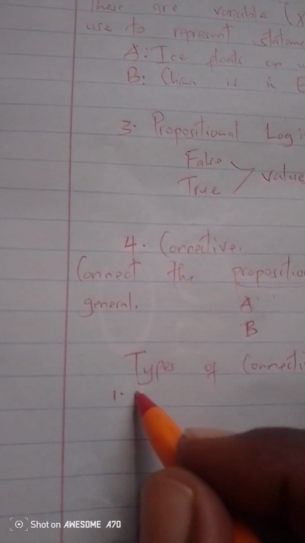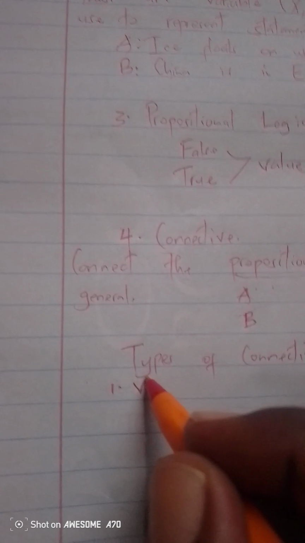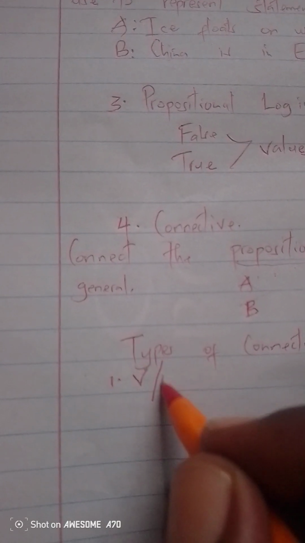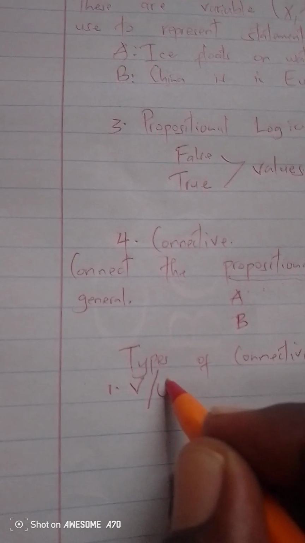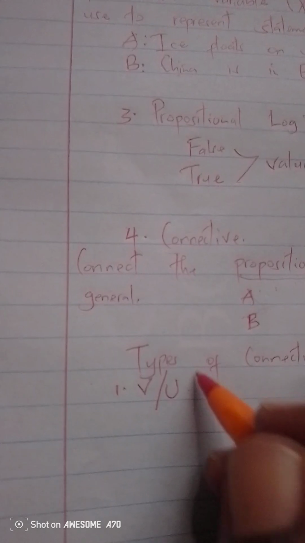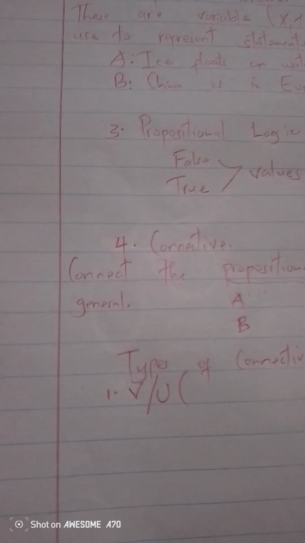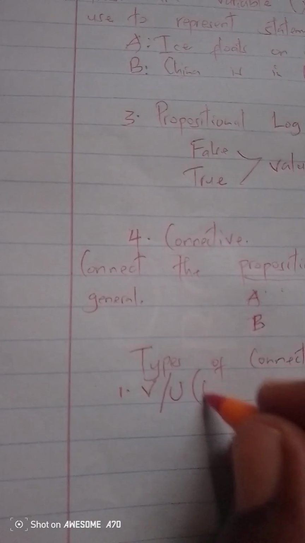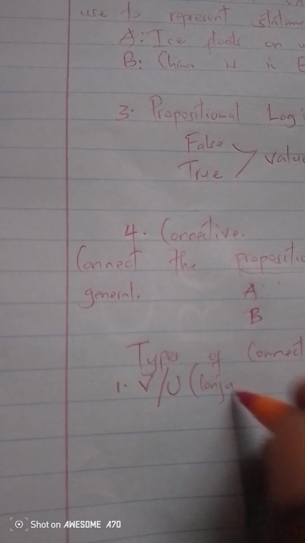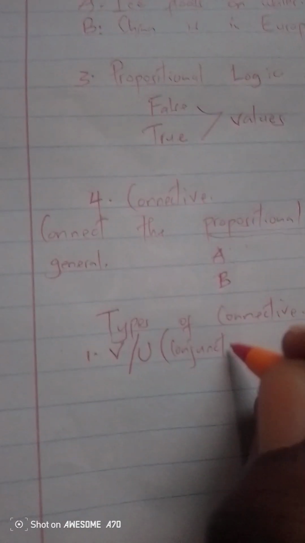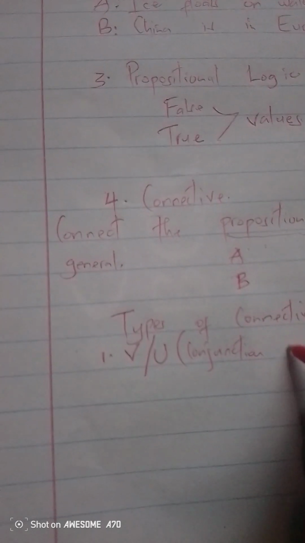This one here, V or U. It is called a conjunction connective.